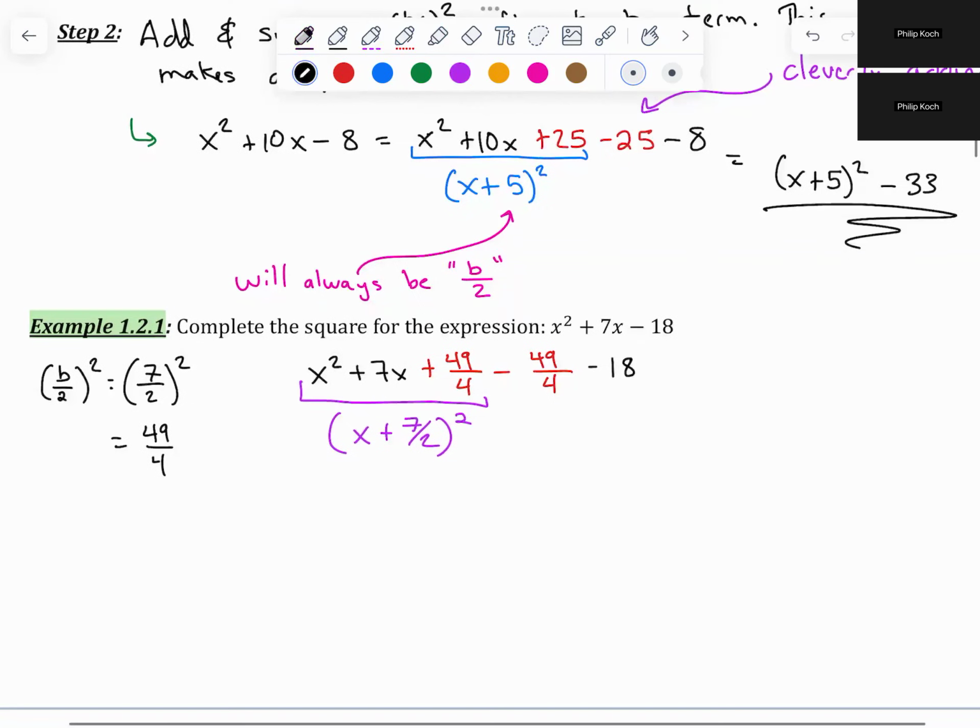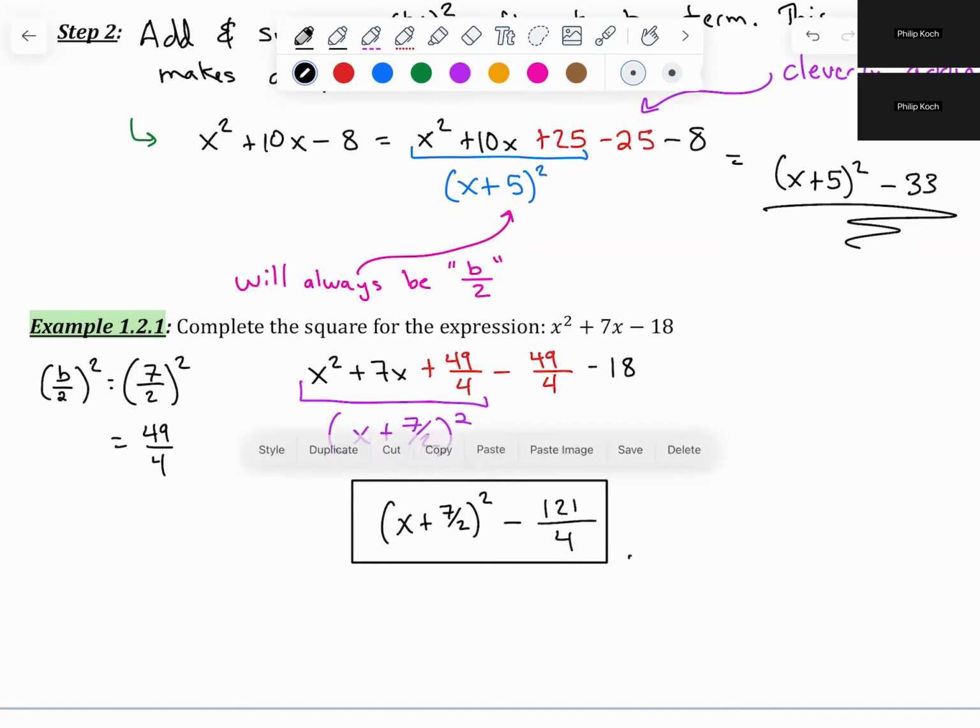And so at the end of the day, we've got x plus 7 halves squared minus 49 over 4 minus 18. The calculators that I recommend are able to convert it to nice fractions for you. That would be negative 121 over 4. So, yeah, we can deal with fractions.